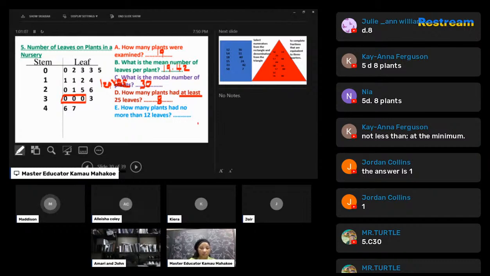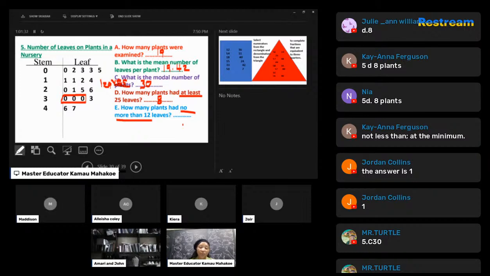Okay, Miss. E. How many plants had no more than 12 leaves? Okay, so no more than 12. What does that mean? Miss, the plant does not have more than 12 leaves, so it can have exactly 12, but not any more.